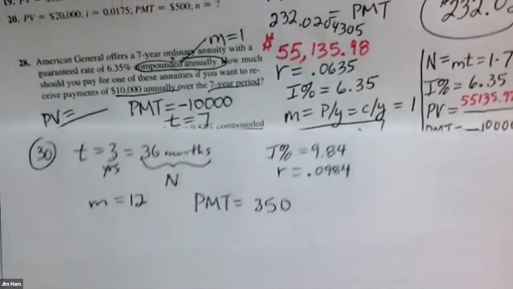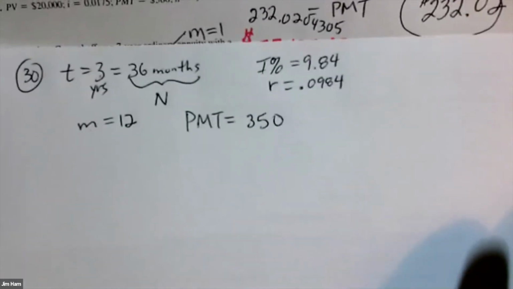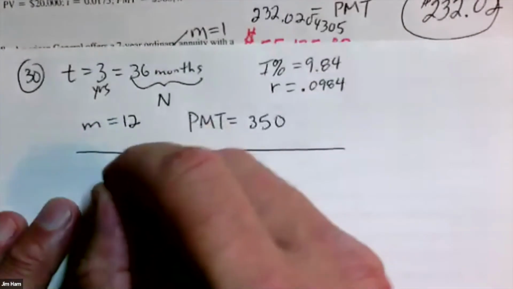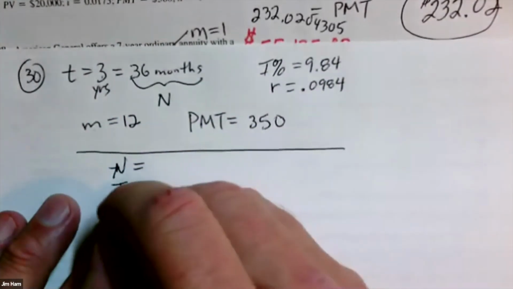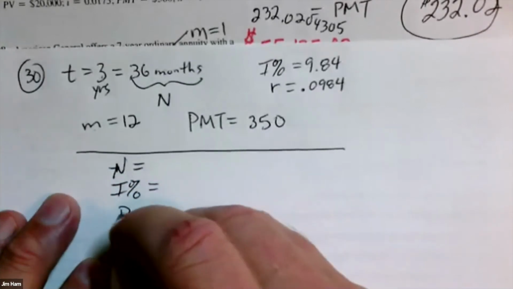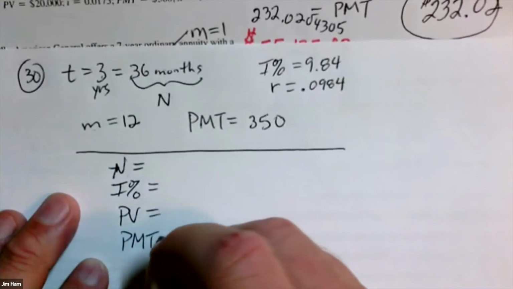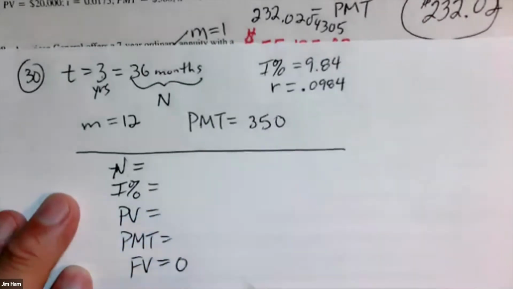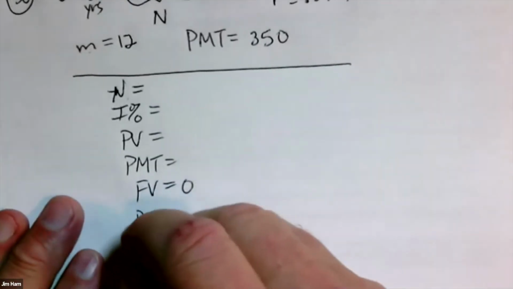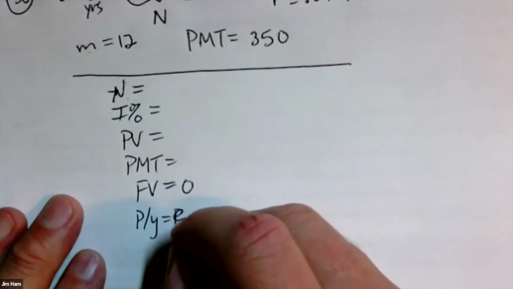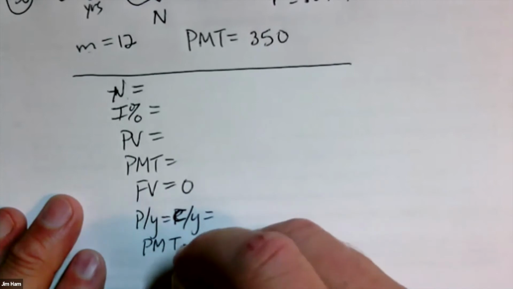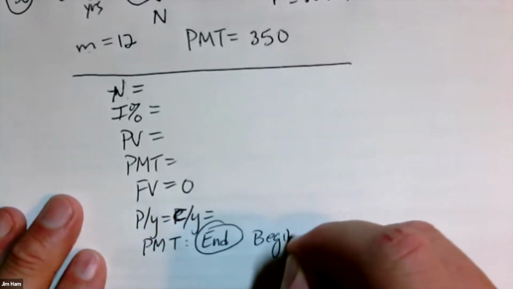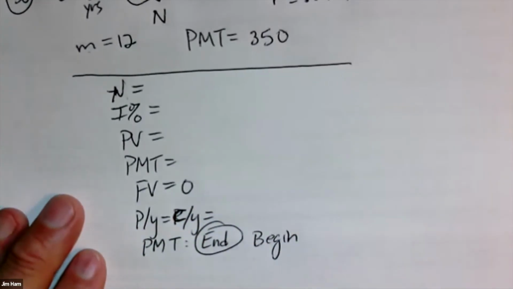All right, so these problems aren't so bad if you just have a knowledge of the TVM solver. When you go to that screen, it's going to look like this. And don't forget to put the future value as 0. As long as you have all of the variables with numbers attached to them, except for one, the one you're trying to find, then this thing is a very powerful tool.